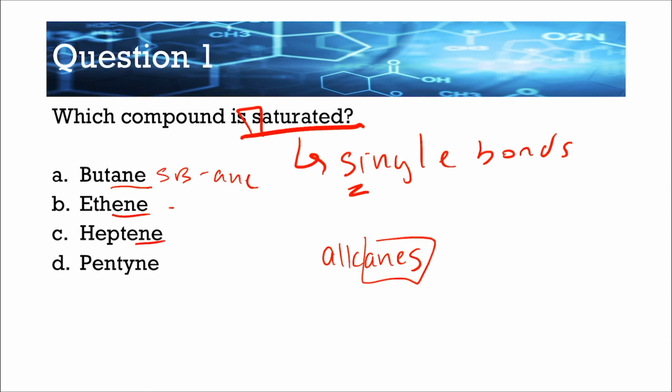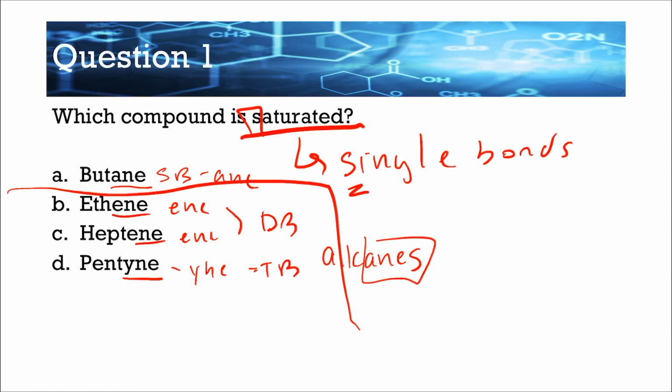Ethene and heptene, these are enes, these are double bonds. And Y-N-E, yne, is a triple bond. So double and triple bonds are unsaturated, meaning more H's can attach. There is the capacity to have more H's attached, whereas a single bond is saturated because there is no more room possible for other things to join. So butane is the answer. Again, single bonds, A-N-E, simple explanation.